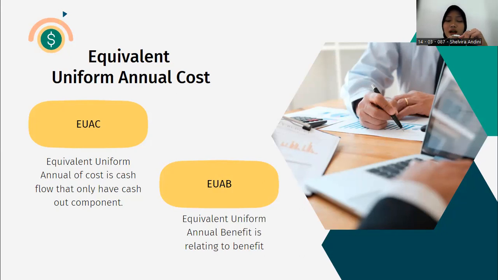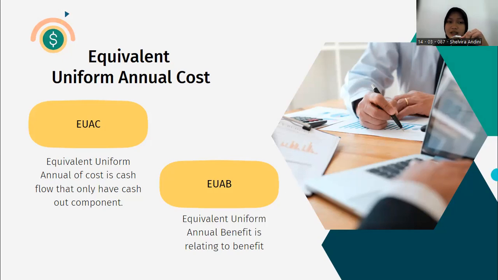So the difference between these two types is: if the calculation relates to cost, we call it equivalent uniform annual cost or EUAC, and if the calculation relates to benefit, we call it EUAB or equivalent uniform annual benefit.